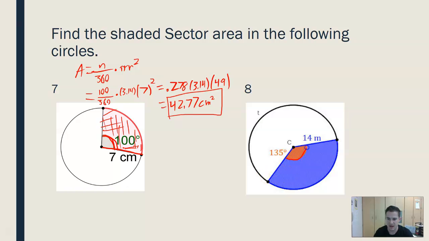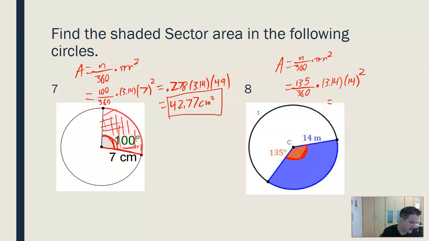Right here I have an angle of 135 degrees and a radius of 14 meters. So the sector area is n divided by 360 multiplied by pi r squared. So the fraction of the circle that the sector takes up multiplied by the area of the circle, which is 135 divided by 360 multiplied by 3.14, so I write 3.14 for pi, times r squared, or 14 squared.